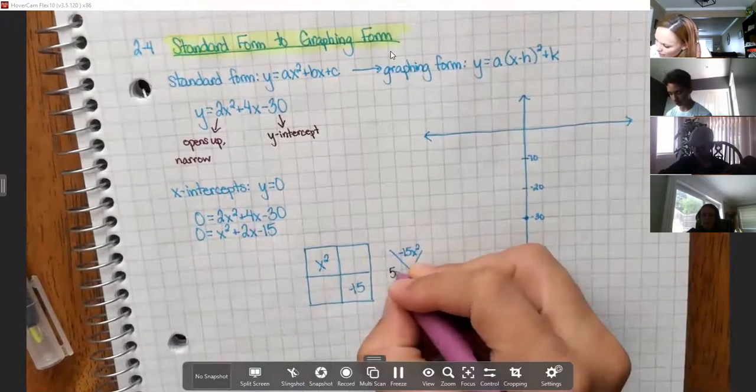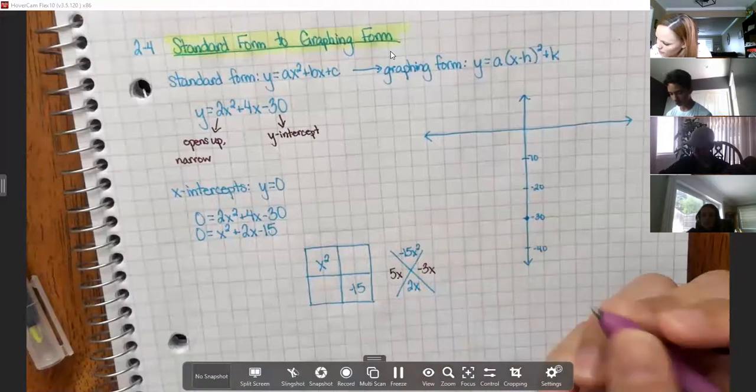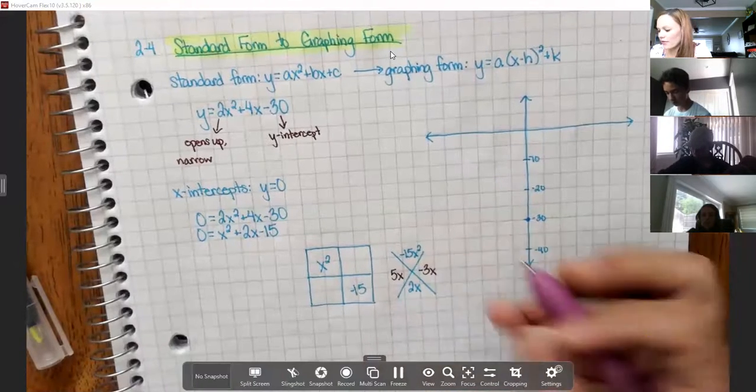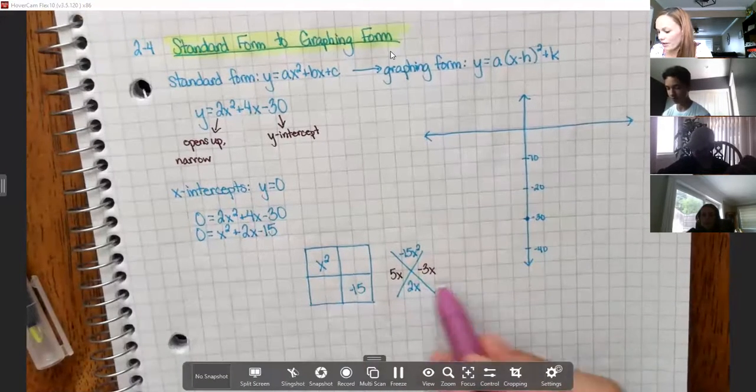So we have 5x and negative 3x. 5 times negative 3 is negative 15. 5 minus 3, or plus negative 3, is 2.